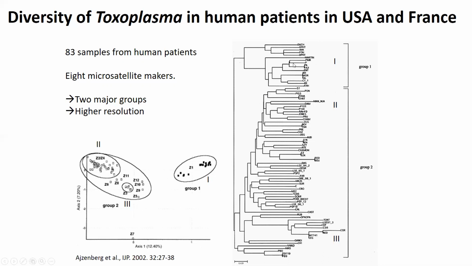From this phylogenetic tree, you can see they can almost identify to the level of individual isolates. Very few of them share the same node, so most of them are at the individual level. This shows that microsatellites are very good at identifying individual strains, because they have a higher resolution.